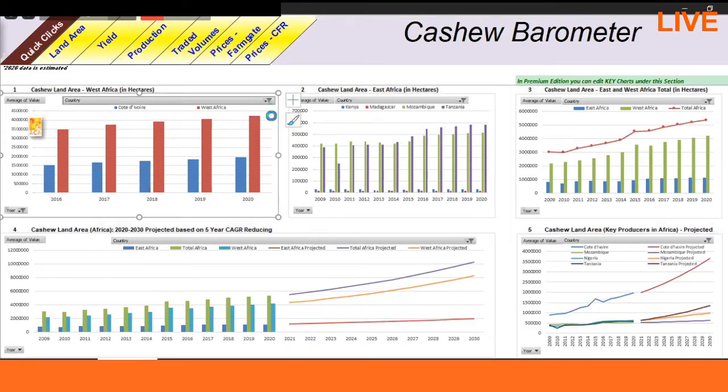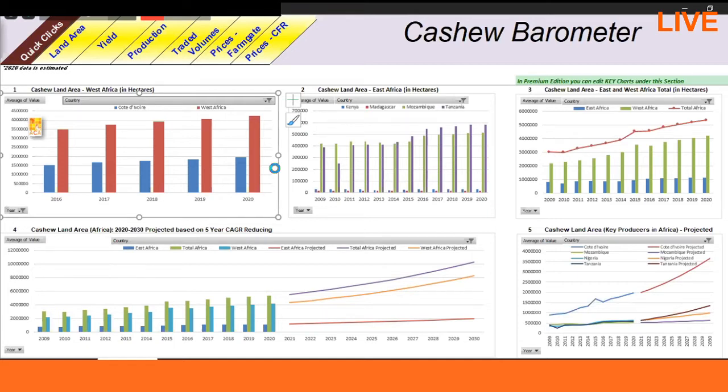You will also realize that the tool allows you to determine which countries' data you are showing. Here for this particular chart, you have the information showing Cote d'Ivoire and comparing with, say, the rest of West Africa. But once you click on the filter functionality in Excel, the whole list drops down, extracted from the database, which allows you to specify which countries you want to display in terms of the data.